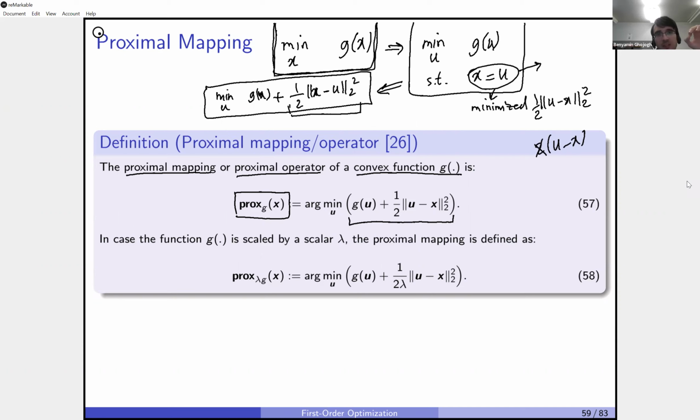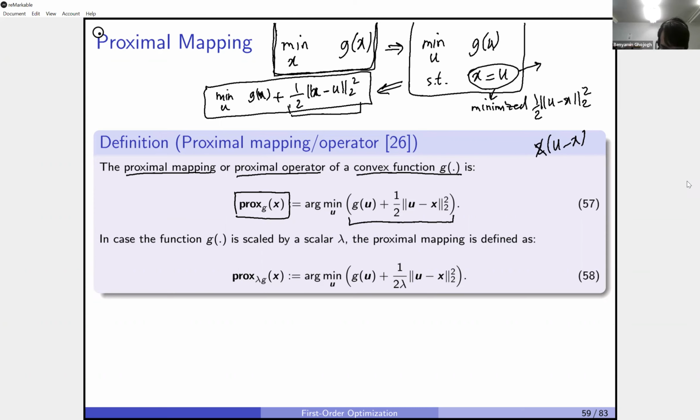This is the same idea that we had in the Lagrangian function. You remember in the interpretation of the Lagrangian, we said you can interpret it as a regularized cost function. It's a good technique. Whenever you have a constraint, in order to make it unconstrained, you can softly penalize the constraint.